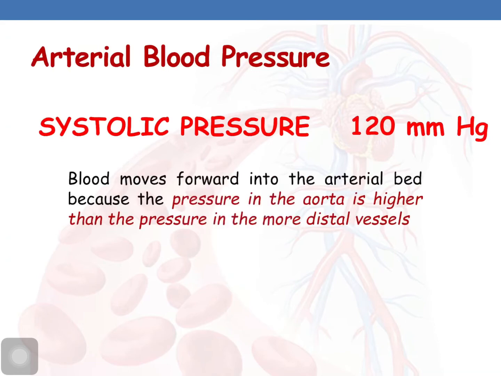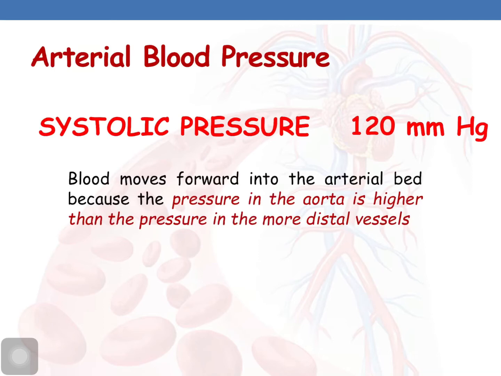The blood moves forward into the arterial bed because the pressure in the aorta is higher than the pressure in more distal vessels. So during diastole, the aortic valve closes, preventing blood flow back into the heart. The walls of the aorta recoil, meaning going back to their original shape and size, maintaining sufficient pressure to keep the blood flowing.